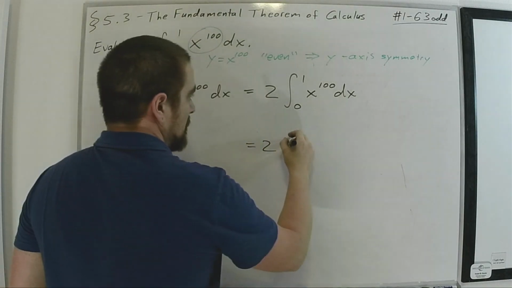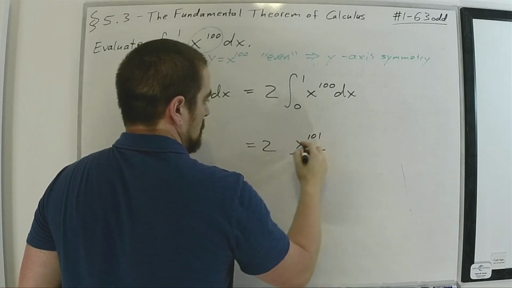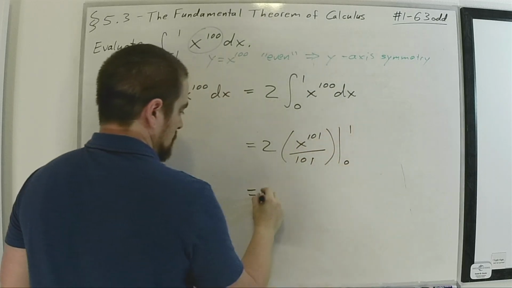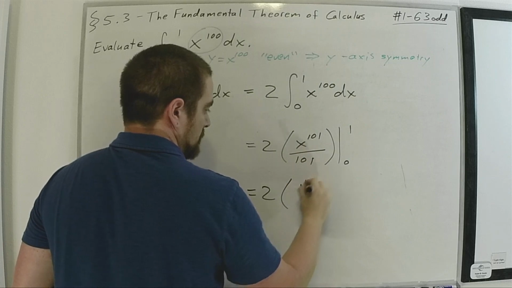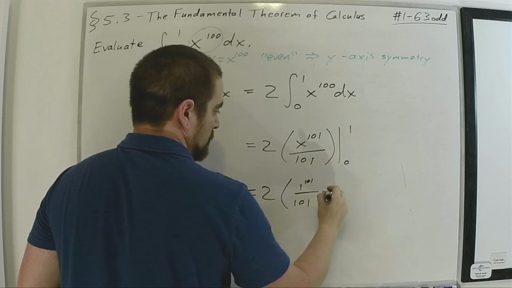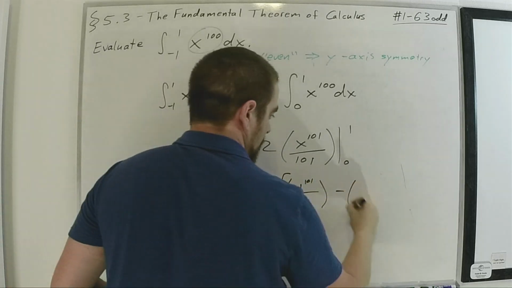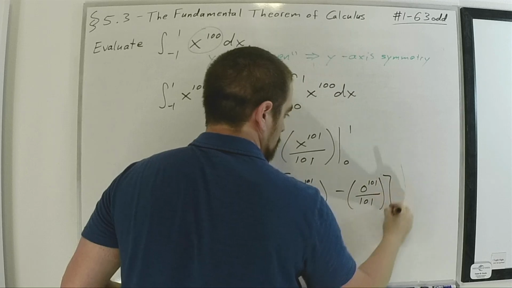So there are some nice tricks that you can use to help speed things up and then evaluate this from 0 to 1. That would mean I'd have to double 1 to the 101st power over 101 minus, now I have to double all of it, so minus 0 to the 101 over 101.